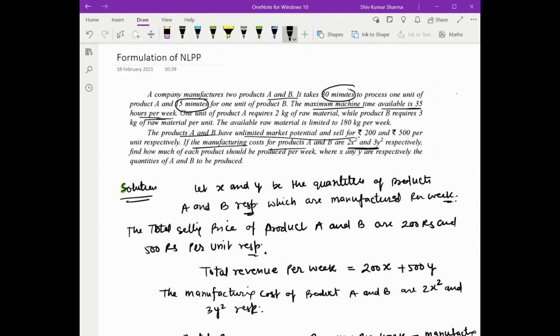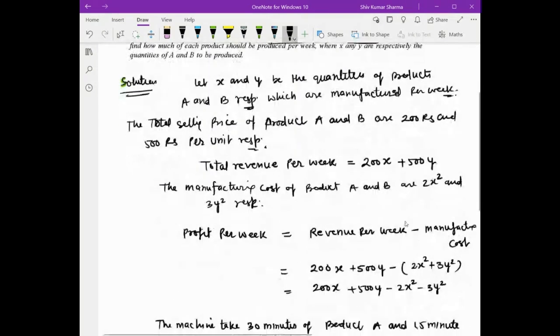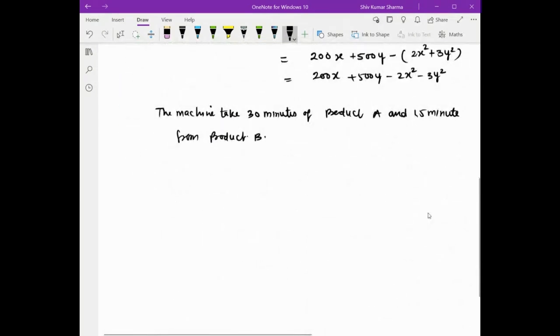So we make all the constraints in minutes form. So we write the maximum time available as 35 hours.